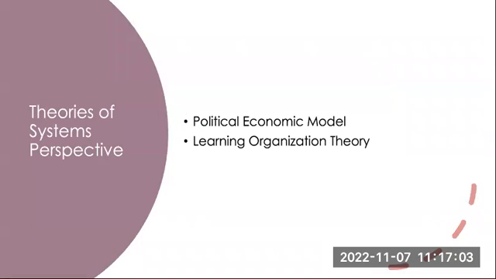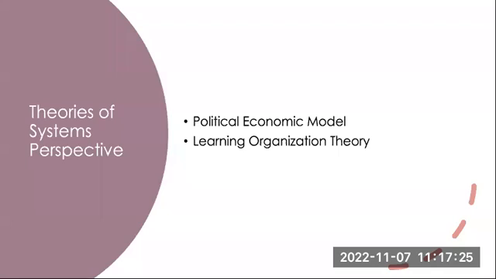Theories of the systems perspective have two primary models. One is called the political economic model, and it focuses on the dependence of organizations on their environments for necessary resources and the impact of organizations.